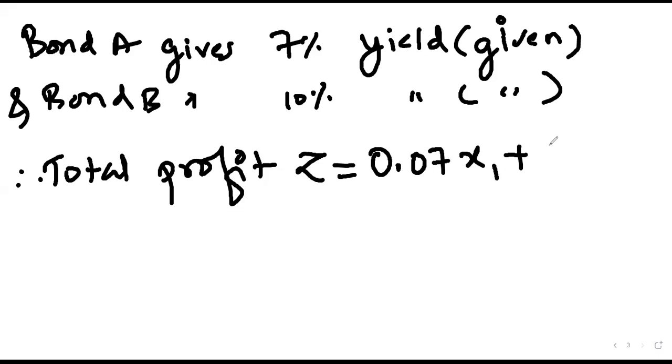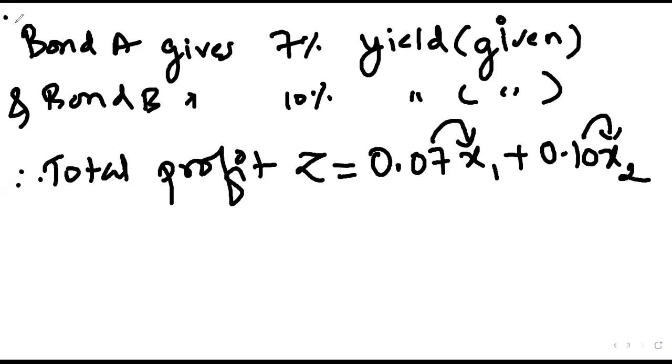I write it this way: 0.07x1 plus 0.10x2. That is 7% of the total investment on bond A, and 10% of the total amount invested on bond B. Is it right? Can we write it this way? Yes, sir.